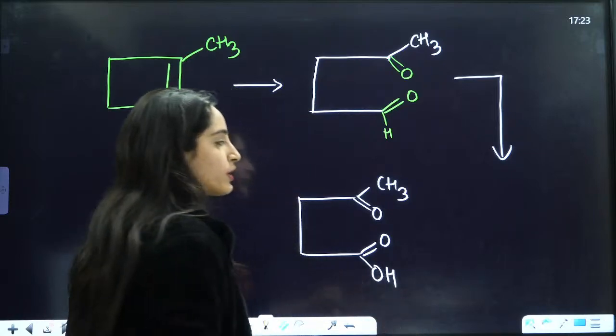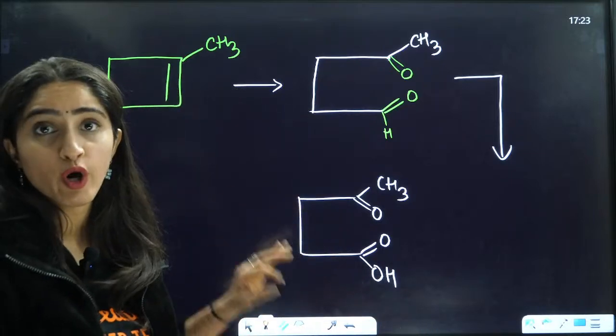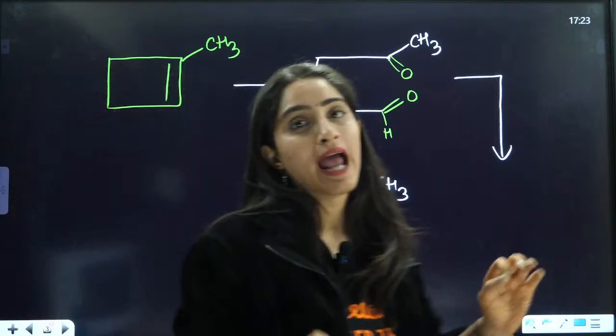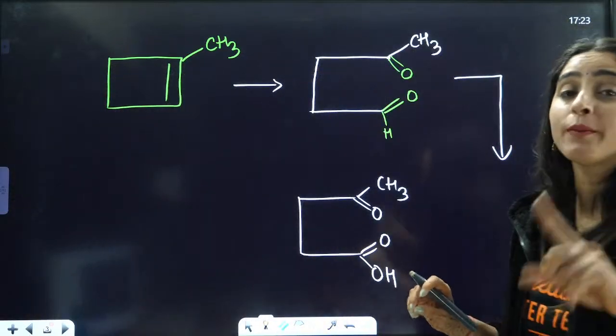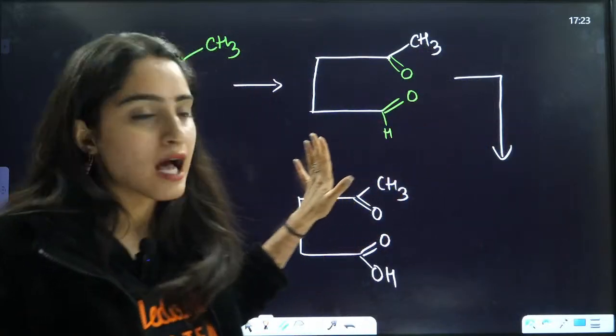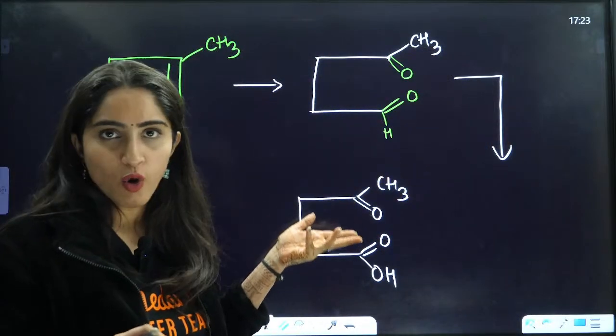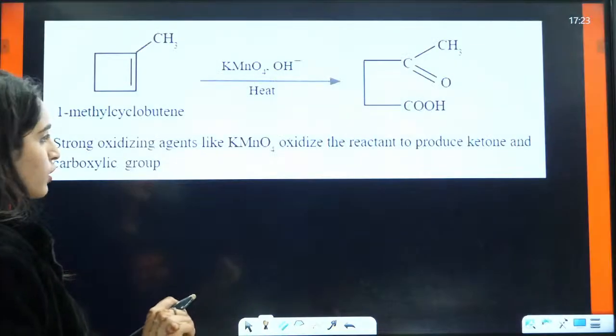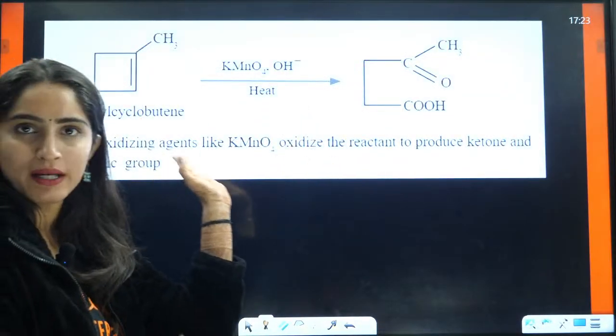Because H is converted to OH. So that is going to be your final answer for alkaline KMnO4 in the presence of heat, when you are providing heat. And that is the answer for oxidative ozonolysis also. So that becomes your first answer, this one.